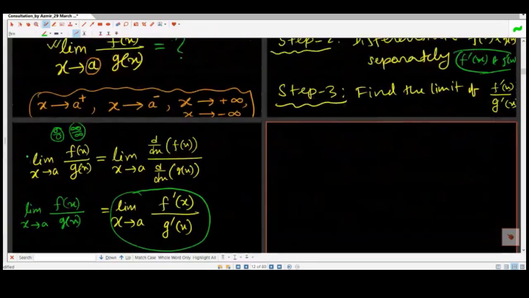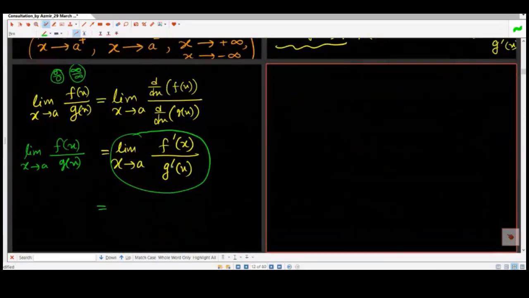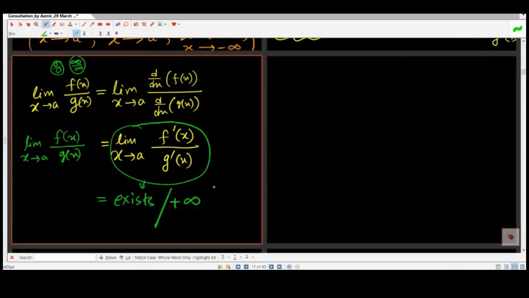So in step 3, we have to find the limit of this part. The result may exist, or it may be plus infinity, or minus infinity. That means we will have three scenarios.